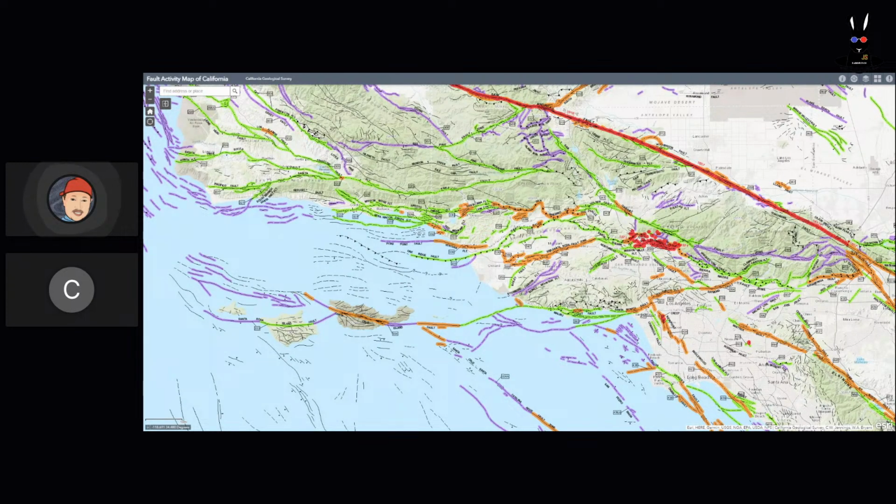And then at the end, we'll talk about the different earthquakes that have happened upon these faults and their repetitive rates, and what has happened with some of these faults and the earthquakes over the last couple hundred years.